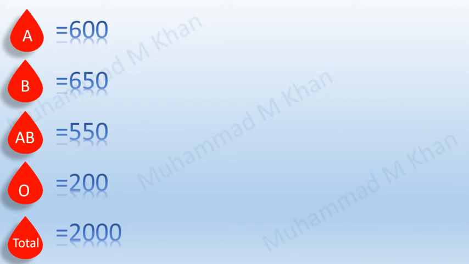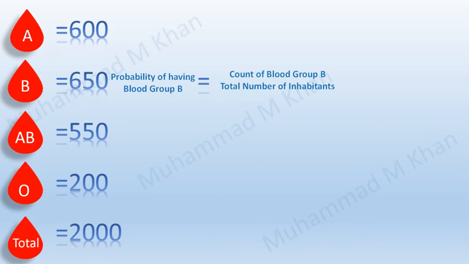So part 1 requires us to calculate the probability of people having blood group B, and in the second part we are required to calculate the probability of people having blood group O. The formula of probability is the desired number of outcomes divided by the total number of outcomes.